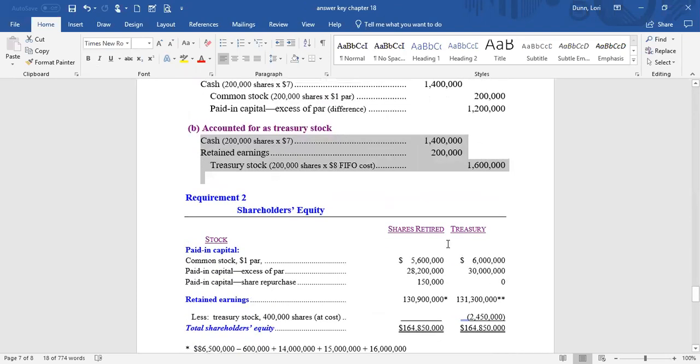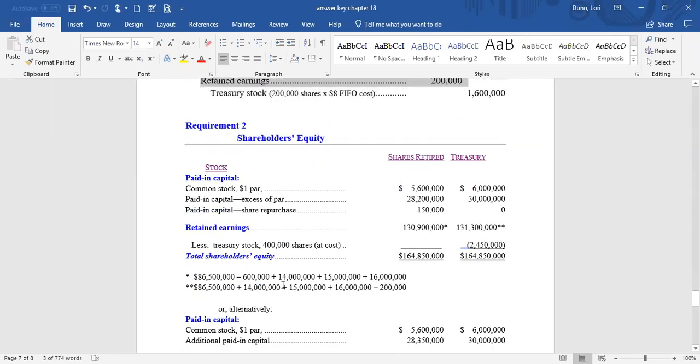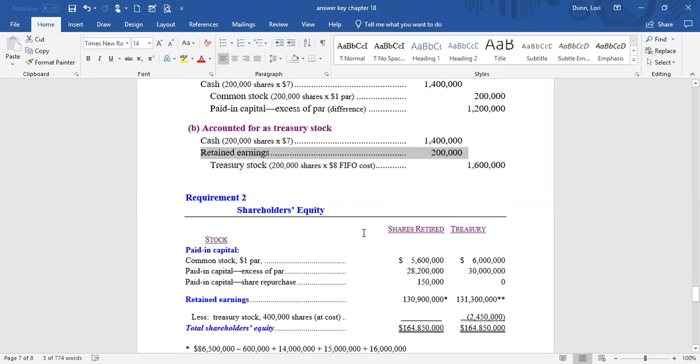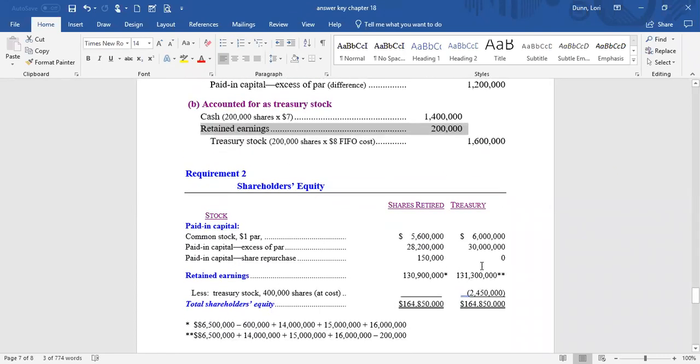Retained earnings. The only time retained earnings was affected was right here. So we would still add net income from 18, 19, and 20, but minus the 200,000 debit. So in this case, retained earnings is at 131,300,000.